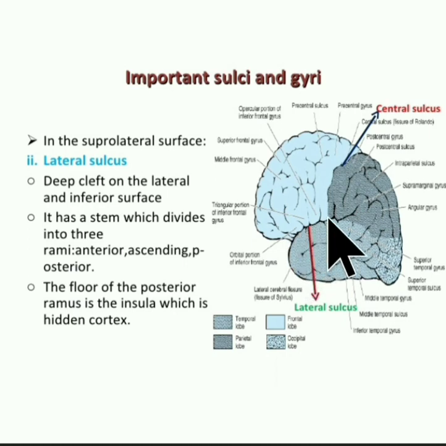The floor of the posterior ramus is the insula, which is hidden in the cortex, and as we already said, the insula is considered the fifth lobe of the cerebral hemisphere.